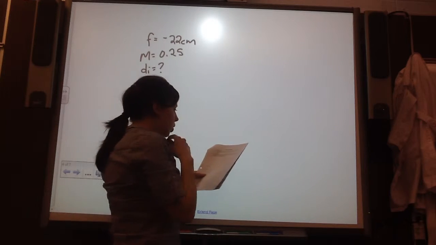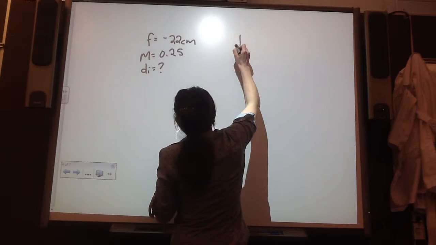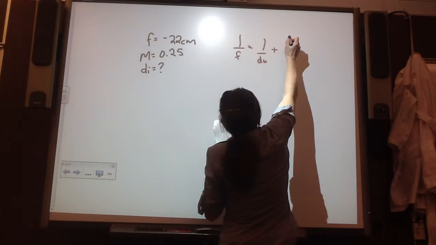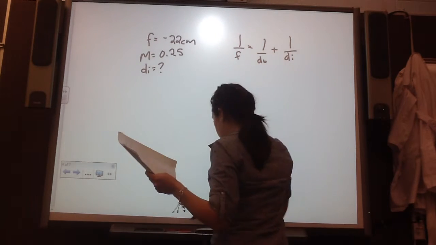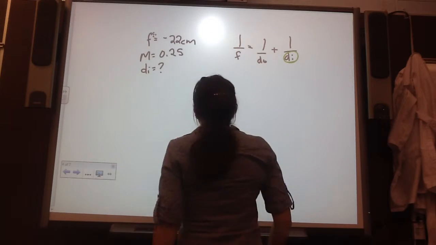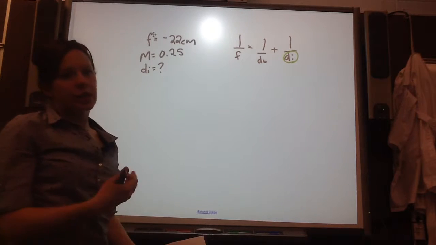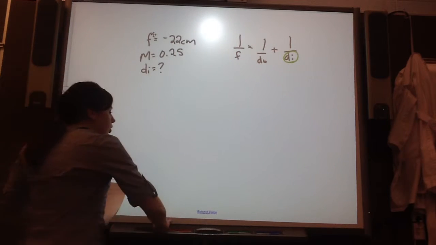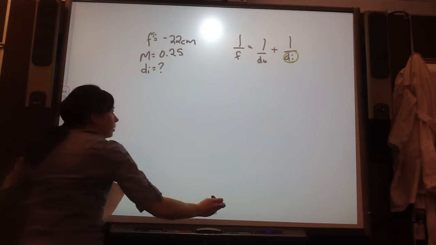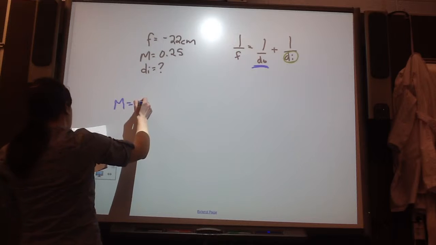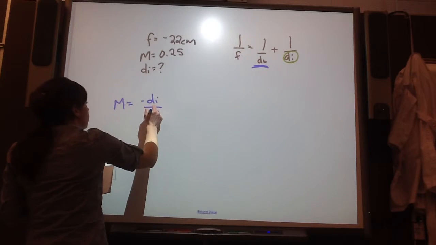So we have our formula of 1 over f is equal to 1 over do plus 1 over di. This is what we're looking for. Since I don't have do, I'm going to have to substitute in something that I do know about it, and I do know magnification. My magnification is equal to negative di over do.